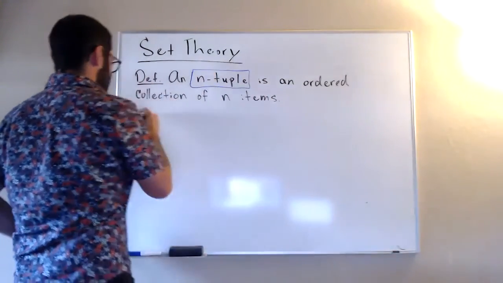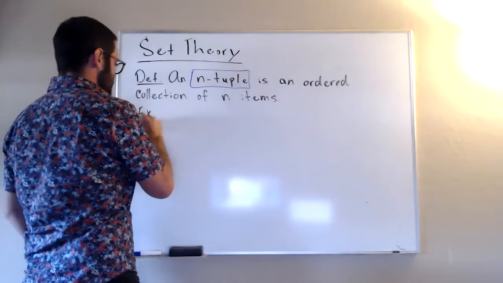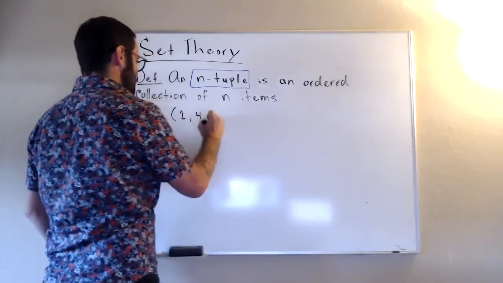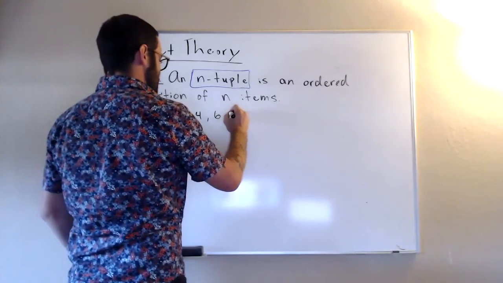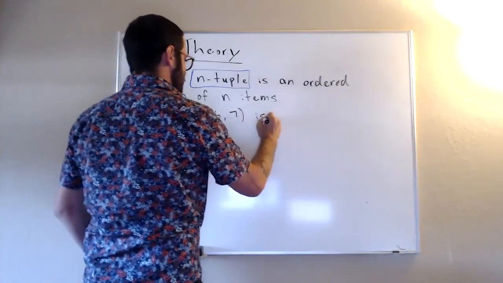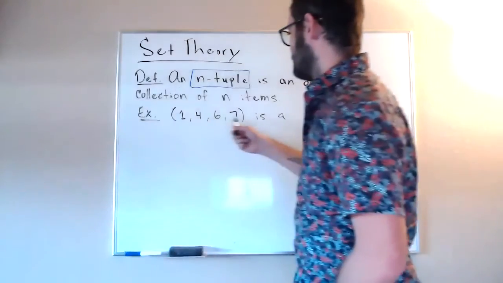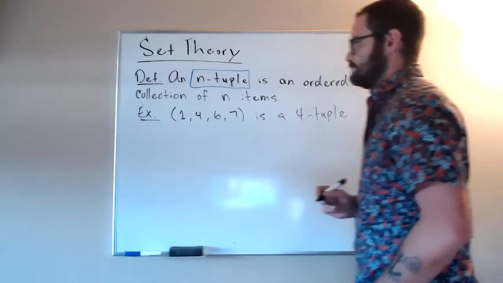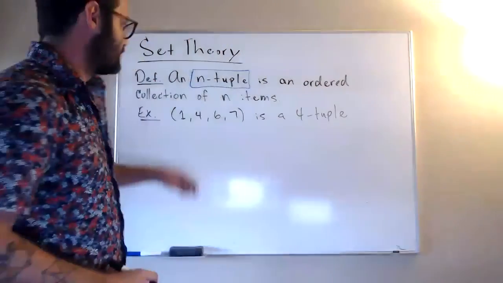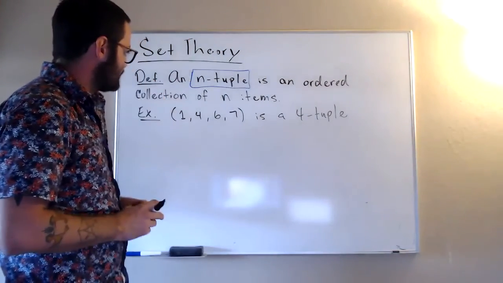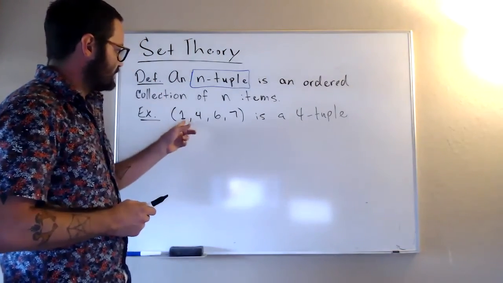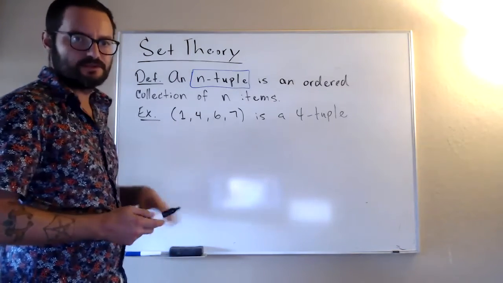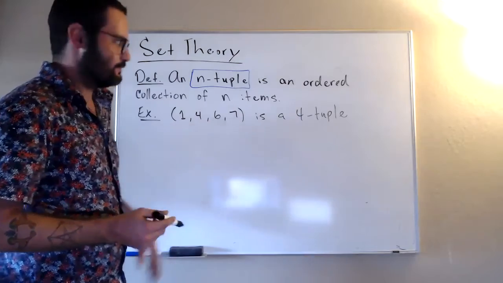An example of this would be something like this, say, a 4-tuple. When we use the open parentheses here, this indicates that there's order in here. There's a first element, a second, a third. So this is not a set because of the ordering.